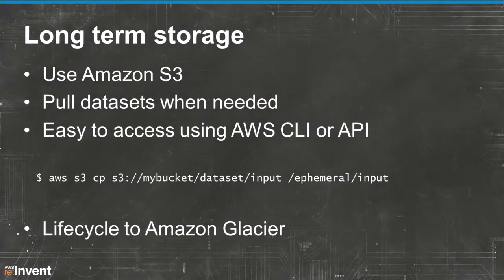So long-term storage. Typically, long-term storage we address with Amazon S3. You can pull the data sets from S3 whenever you need them. So this enables you to build on-demand clusters, on-demand file systems, pulling the data sets down from S3, where you've got long-term storage at low cost, and onto a file system that you've deployed, like OrangeFS. You can easily do it with AWS CLI.